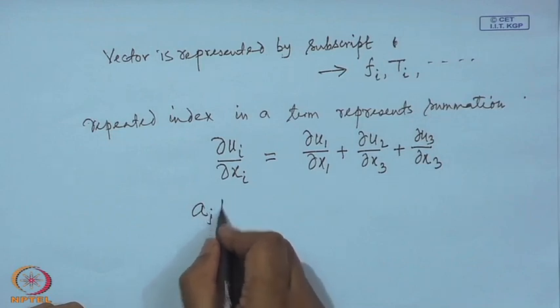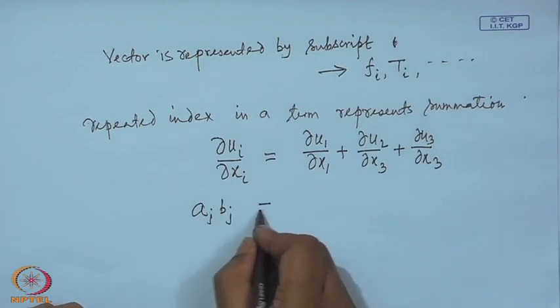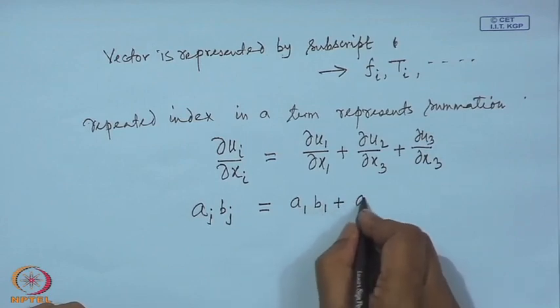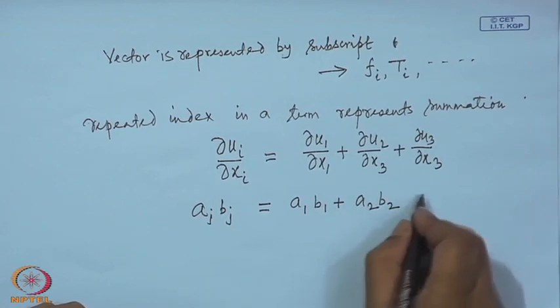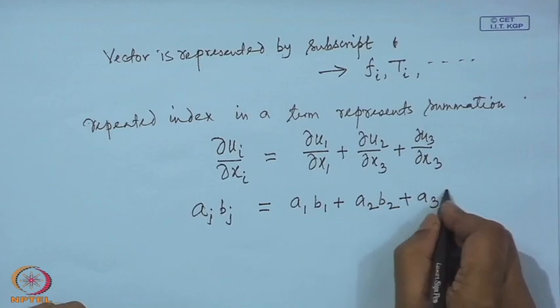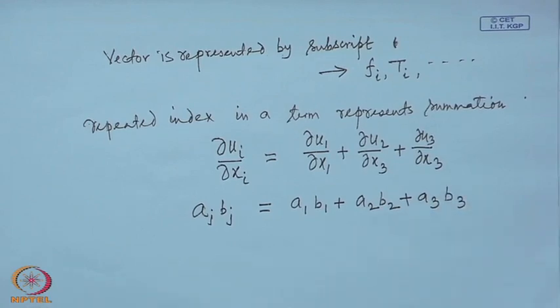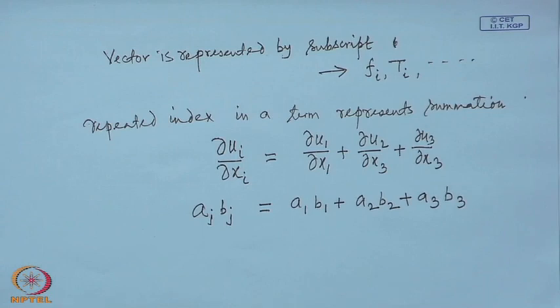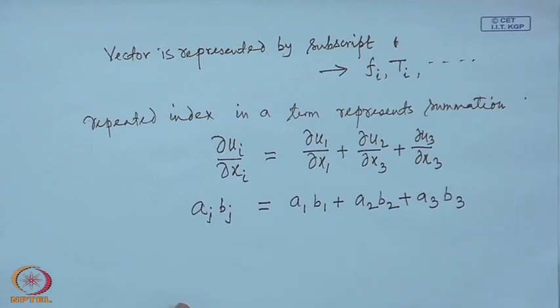Similarly, if we write this, we do not need to write sigma j equal to 1 to 3; that is not required. This automatically means this.